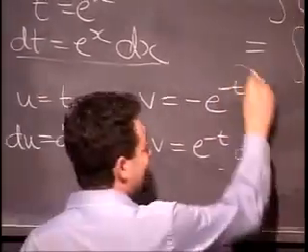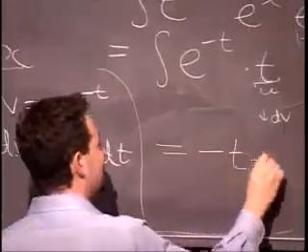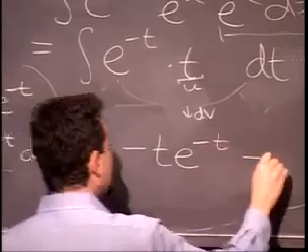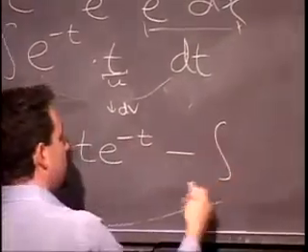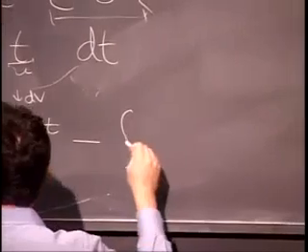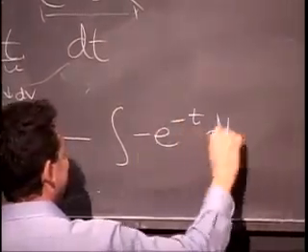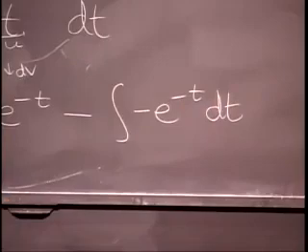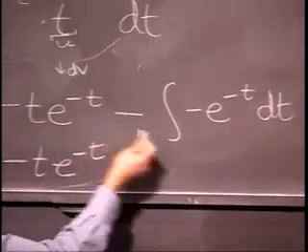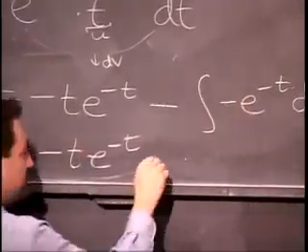And so this becomes uv, so that's minus t e to the minus t, minus the integral of v du rather, which is negative e to the minus t dt. And if you work this out, you get minus t e to the minus t. There's a plus there, but when you integrate e to the minus t, it gives you another minus.